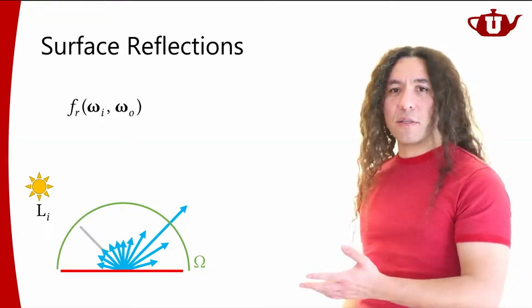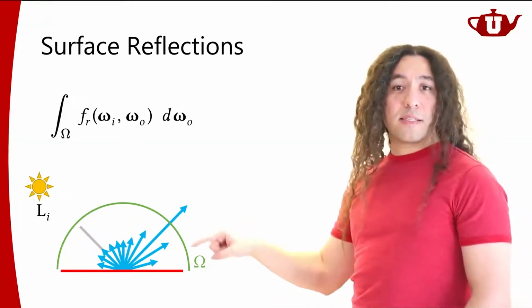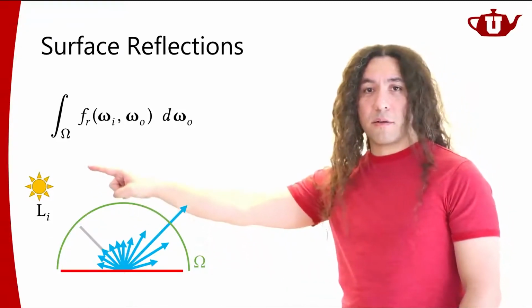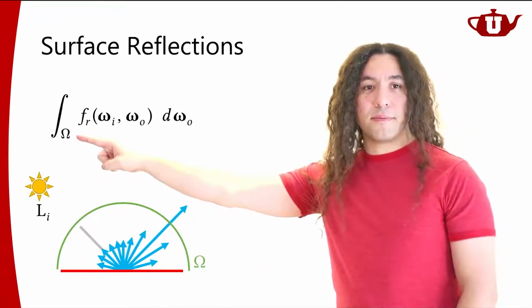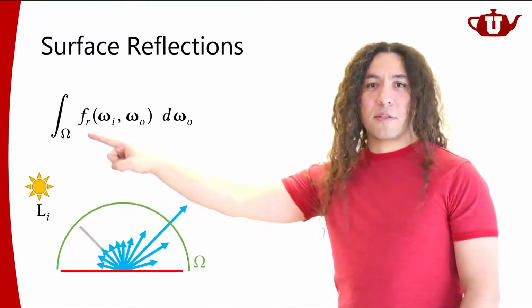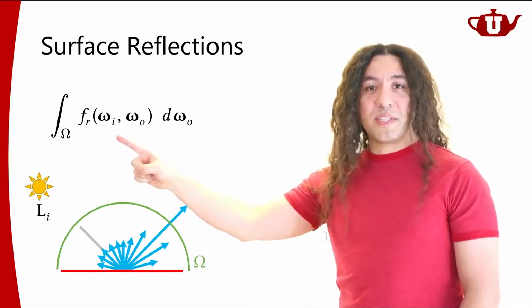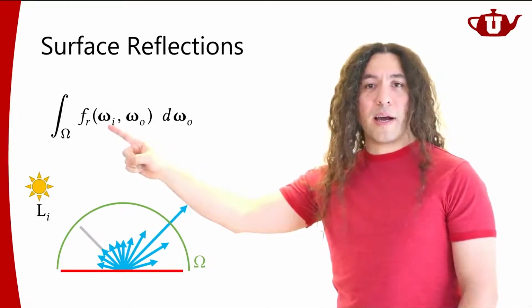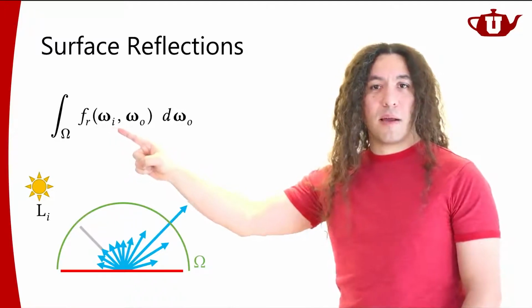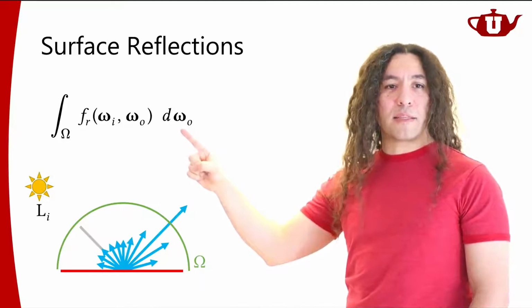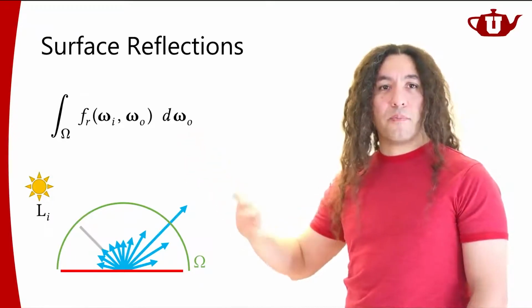If I take an integral over this hemisphere, capital omega, of my BRDF function for a particular omega I value, for a particular incoming light direction, I'm only integrating over all possible outgoing light directions. Right? What am I going to get?